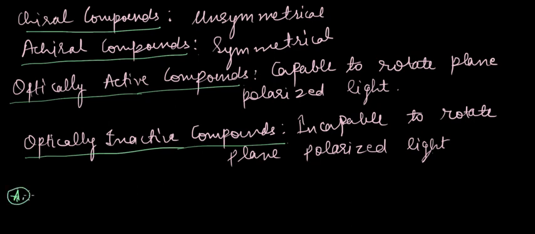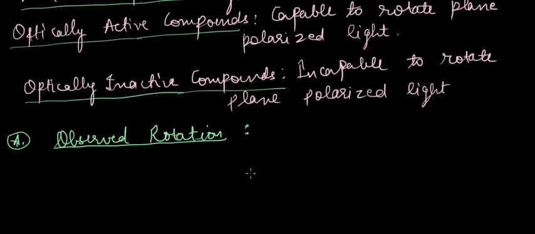So the observed rotation, which I signify with alpha, is directly proportional to the concentration of the compound and the length of the polarimeter tube.